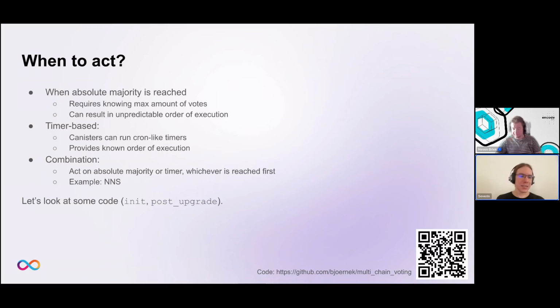The big thing that can trip people up with this is if you do early execution of votes or proposals, it can result in surprising orders of execution. On the internet computer, we have this problem occasionally, and it's pretty annoying if you don't absolutely control when the vote goes over the threshold.